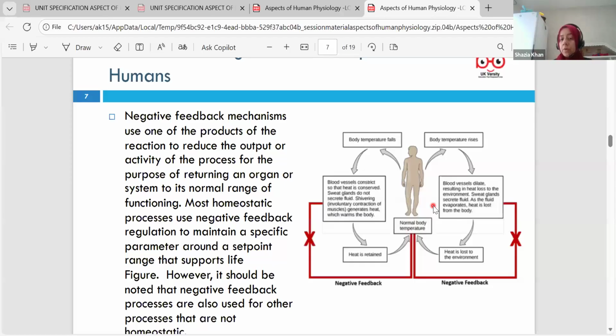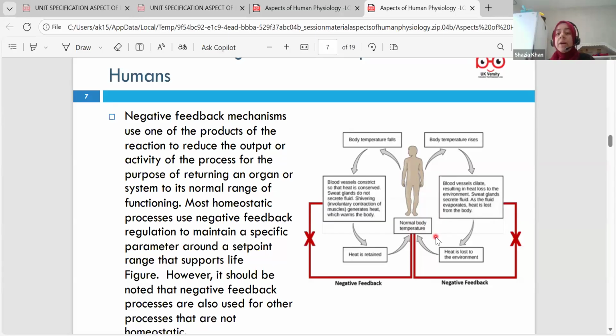If you secrete fluid, you lose a lot of heat. When it's hot, we lose a lot of sweat, but here those sweat glands reduce their function. You also shiver, as I said, which generates heat that warms the body, and heat is retained, and it goes back to the normal body temperature. That's the negative feedback.